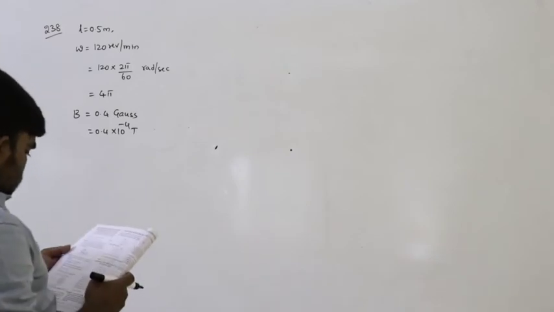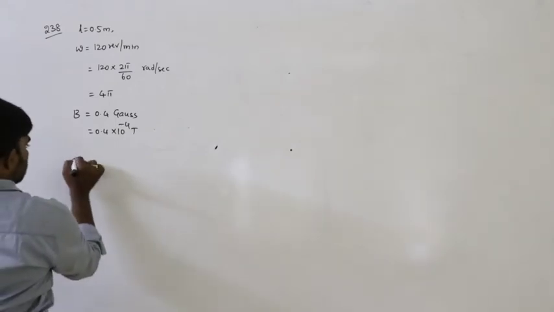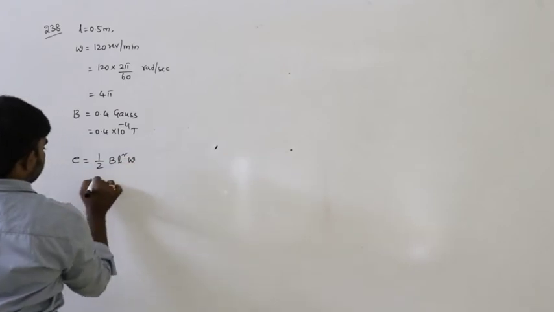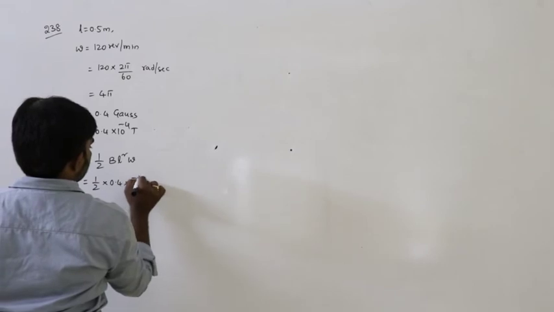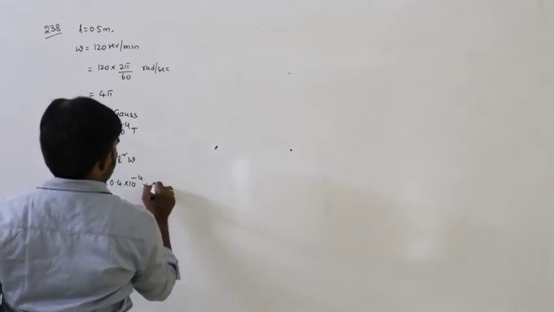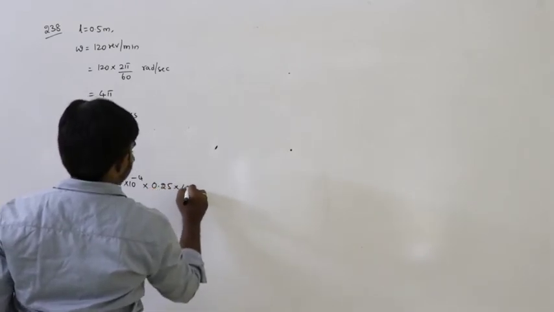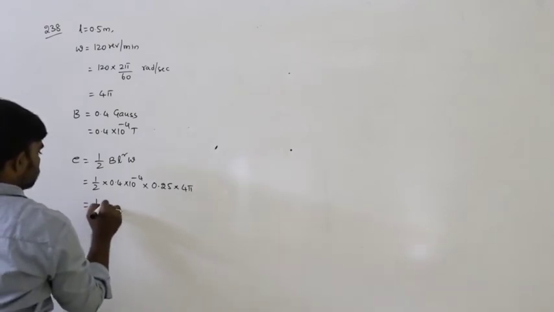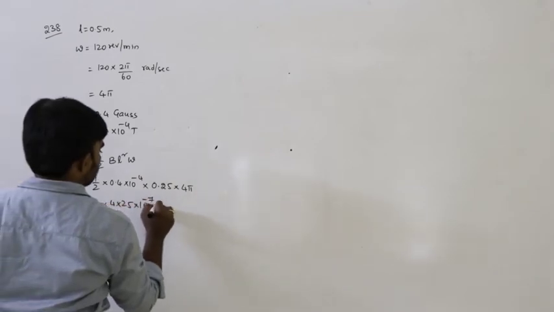Next, what do we have to calculate? Induced EMF. Generally the induced EMF formula is half B L squared omega. Half B is 0.4 into 10 to the power of minus 4, L squared is 0.5 whole squared, 0.25, and omega is 4 pi. So that is 1 by 2 into 4 into 25 into 10 to the power of minus 7 into 4 pi.